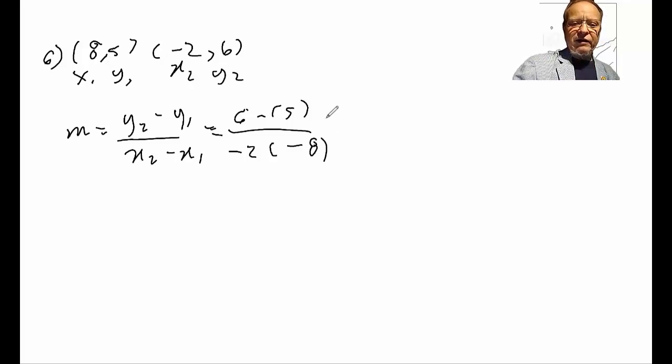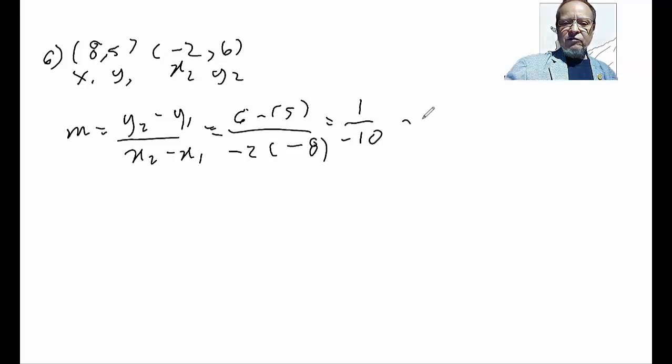I put it in brackets so I don't make any sign errors. So 6 minus 5 gives me 1, and then negative 2 minus 8 gives me negative 10. Or I can just write it as negative 1 over 10.